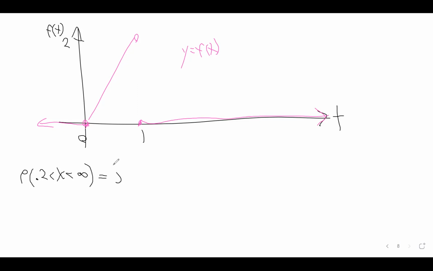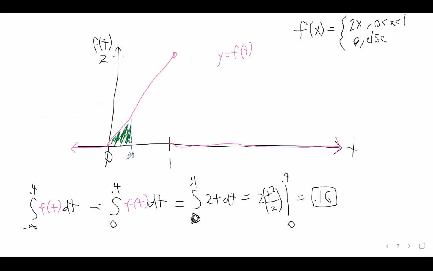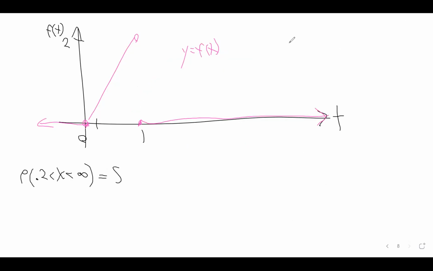Well, this is equal to a definite integral. This is the area under the curve f from 0.2 to infinity. So 0.2 is here, right? Okay, so 0.2 is here.